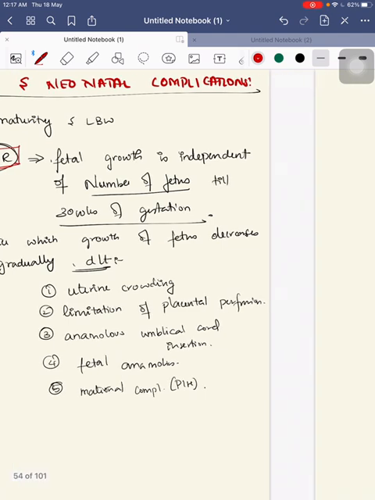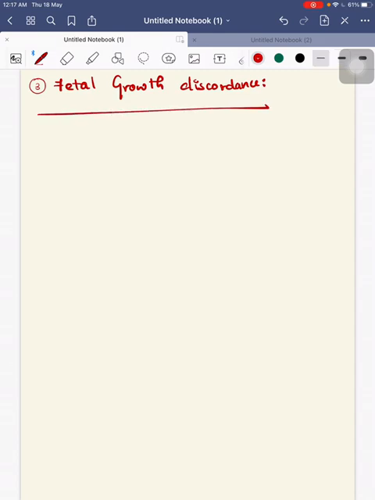Third complication can be fetal growth discordance. So what is fetal growth discordance?